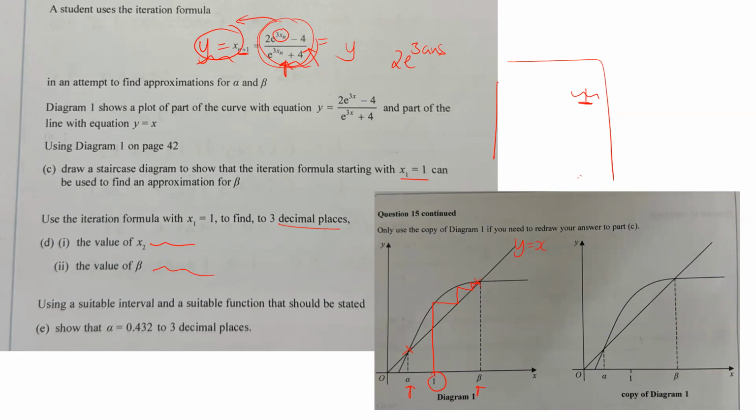So it'll be 2 and then e to the 3 times the answer key, plus 4 on the bottom. And then when you've typed it all in, you'll just press equals.